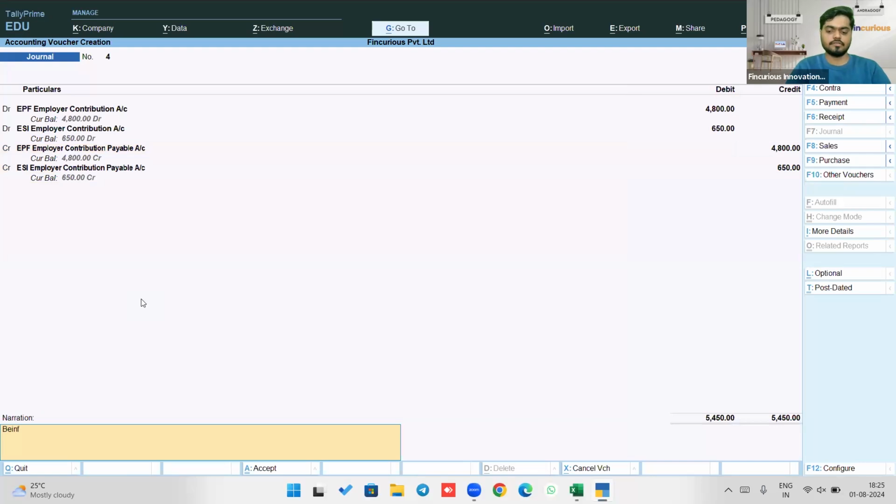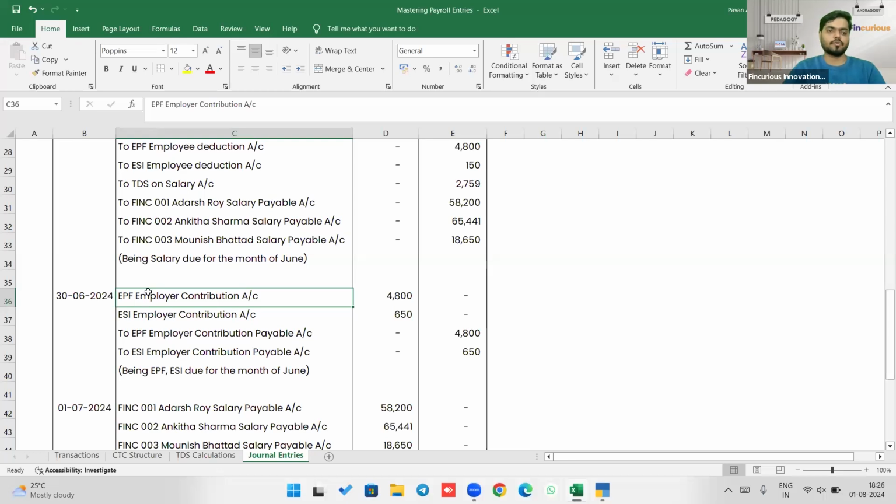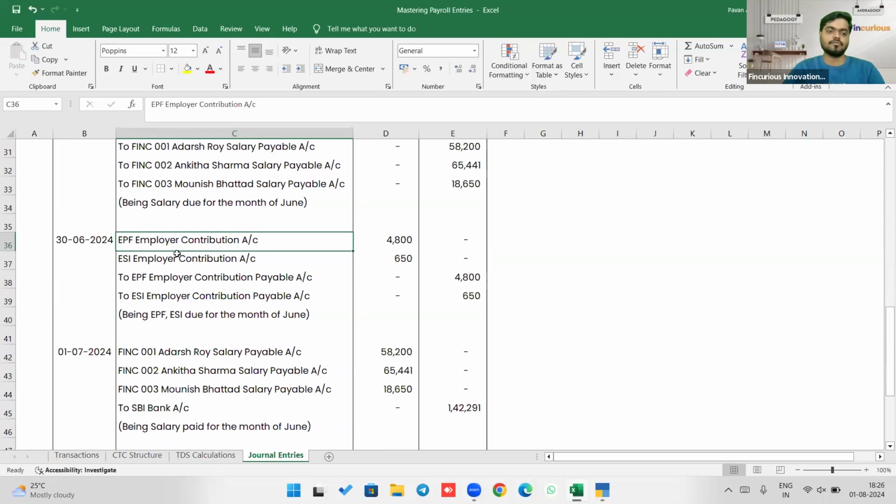So being ESI EPF due for the month of June. So this is how we pass the due entry for both basic salary and salary payables, and for the EPF and ESI contribution by the employer.